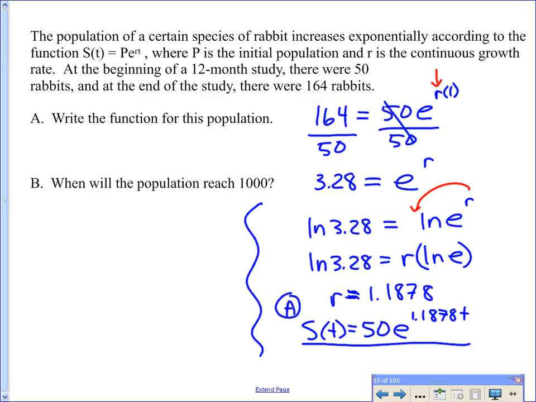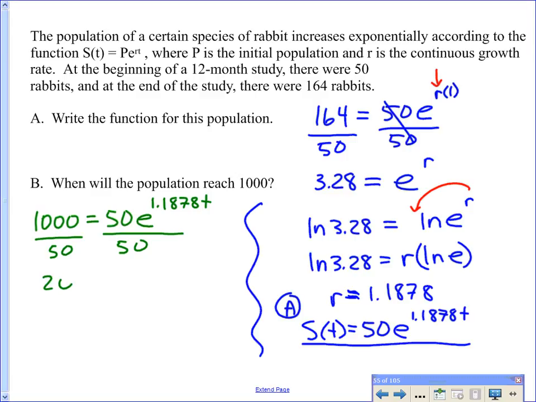All right, and then in part B, what we're asked to do is find out when the population is going to reach 1,000. So we want 1,000 rabbits, and our formula is going to be 50 e raised to the 1.1878t. So again, we're trying to find the value of t, so we divide both sides by our 50, and that's going to give me 20 is equal to e raised to the 1.1878t.